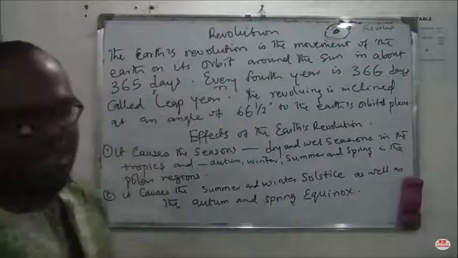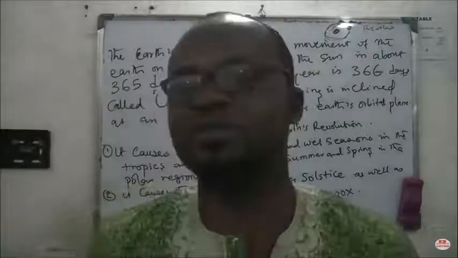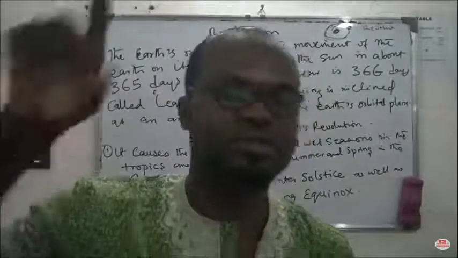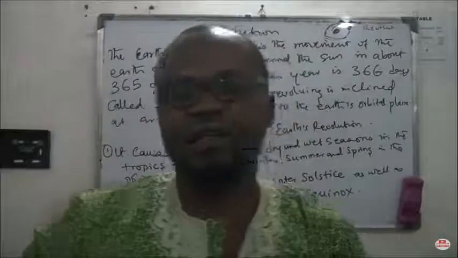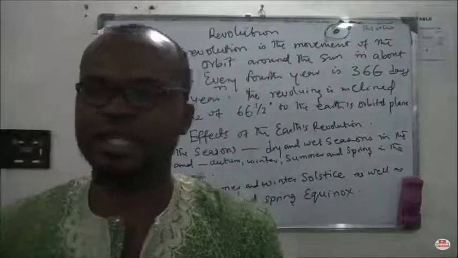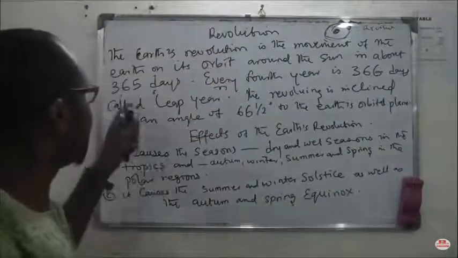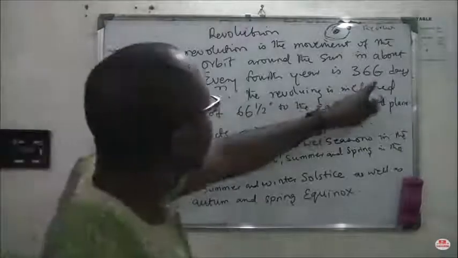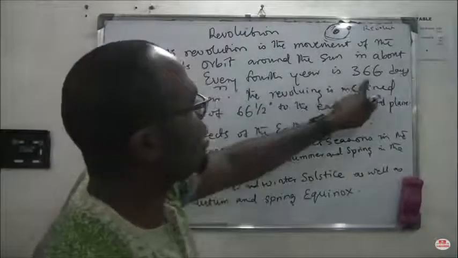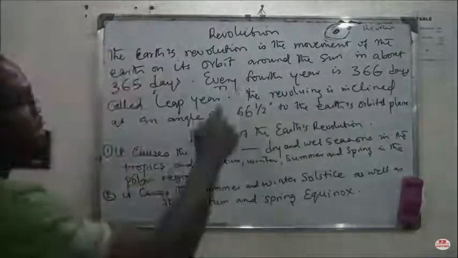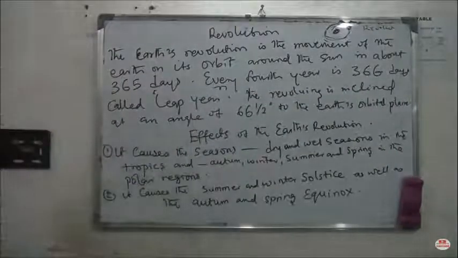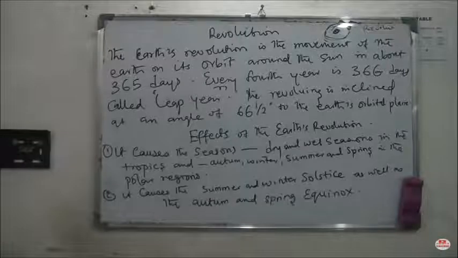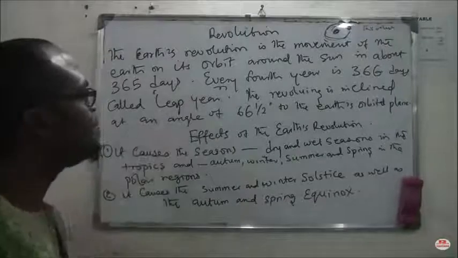So on normal years, it takes the earth 365 days to move around the sun, which is 1 year. But every 4th year, it takes the earth 366 days to move round the sun, and that 366 days is known as a leap year.